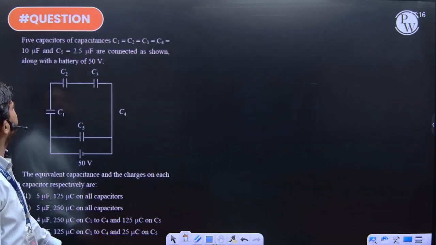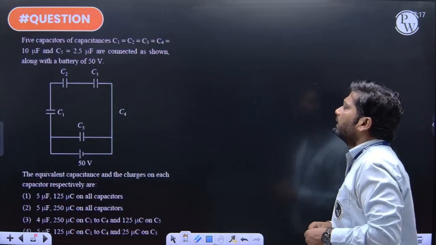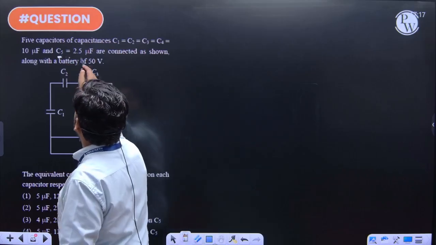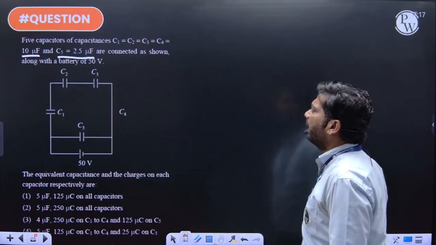Next, 5 capacitors of capacitance C1, C2, C3, C4 are given as 10 microfarad, and C5 is given as 2.5 microfarad. They are connected as shown along with a battery of 50 volt.